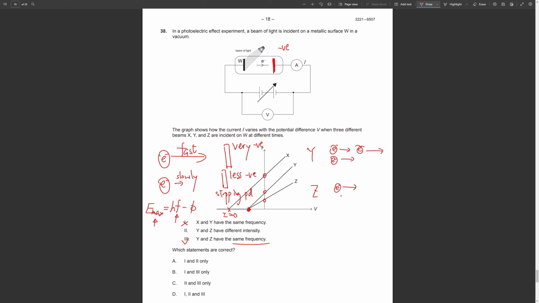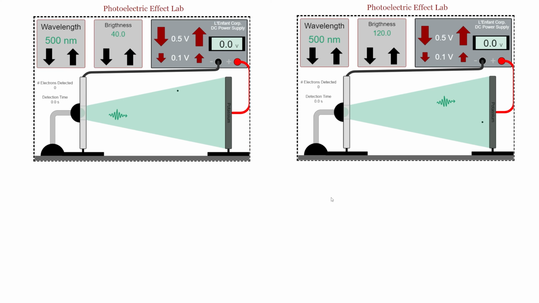There are fewer electrons moving slowly compared to that of Y. There are lots of electrons moving slowly. Still, you have a greater current of Y than that of Z. So the intensity of Y should be higher. With greater intensity of light, there will be more photons falling onto the metal plate and more photoelectrons being released. The answer is C. Let's take a look at these two simulators.